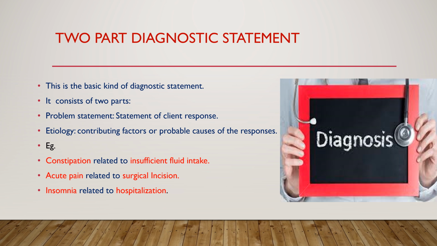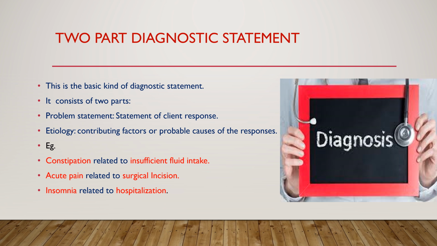For example, when we say constipation, that will be the problem. When we say it is related to insufficient fluid intake, we are stating the problem as well as the etiology. Or when we say acute pain, it defines the first part, which is the problem, and then related to surgical incision will be the etiology, or the second part of the diagnostic statement.